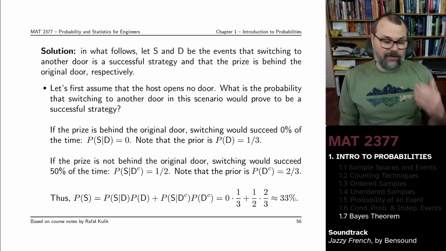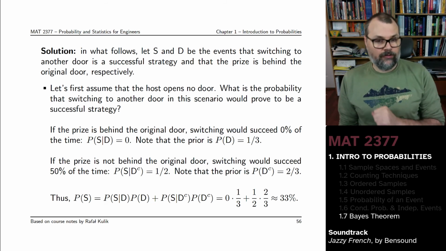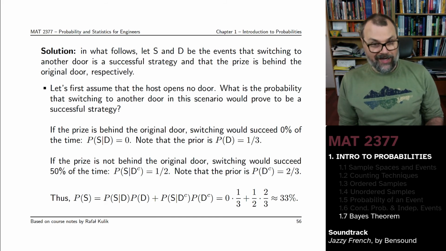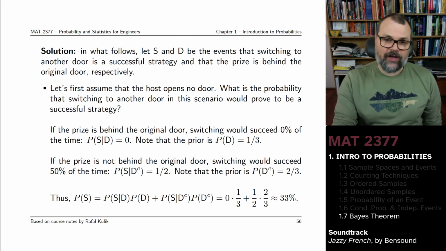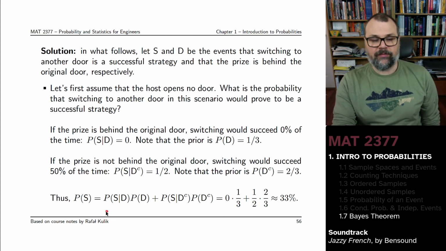And here you flat out just use the law of total probability. We're not yet at the Bayesian bit. The probability that the strategy is successful would be the probability that it is successful if the original door hid the prize, times the probability that the original door hid the prize. But we know this is 0.